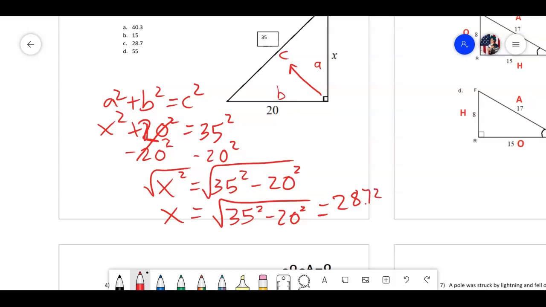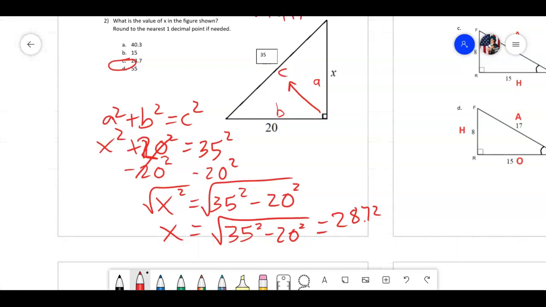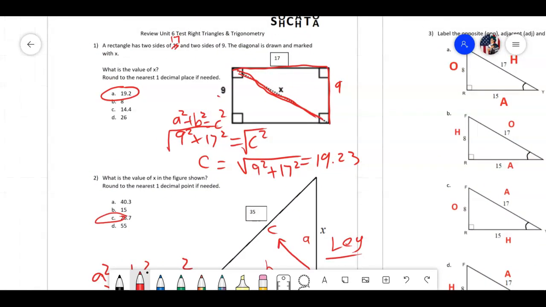And we're rounding to the nearest 10th place, so we get C. So when you're missing a leg, you're going to have to subtract in your Pythagorean theorem. When you're missing the hypotenuse, like on number 1, you're going to add them.